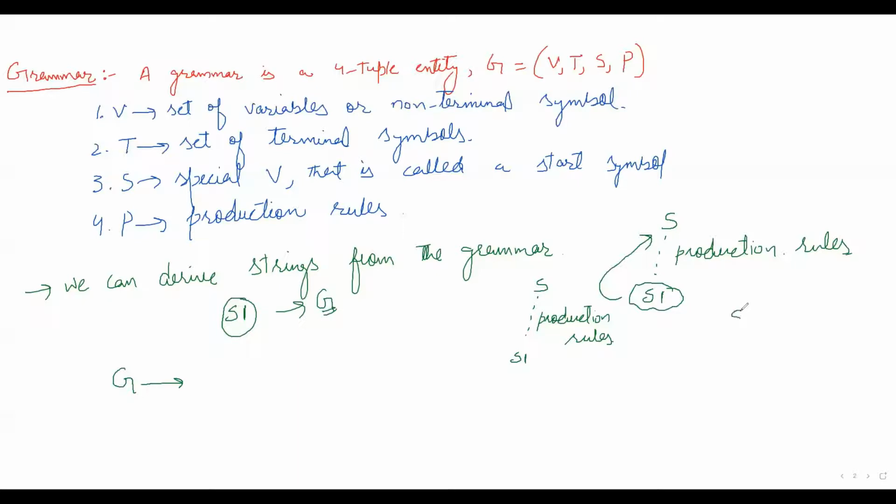Again, I will start from the start symbol, use production rules in a different manner, and generate another string. Again, I can start from the start symbol and generate another string S3. Likewise, from this start symbol, I can generate multiple strings. Okay, so using G, we can generate many strings.